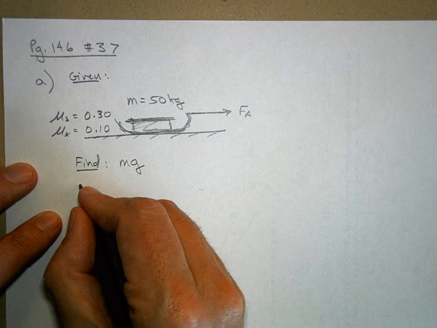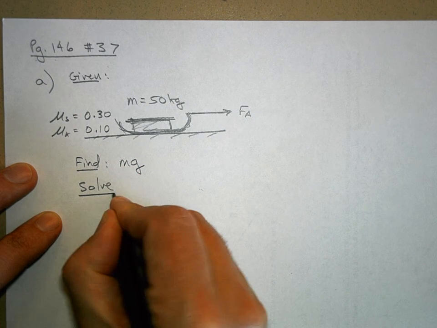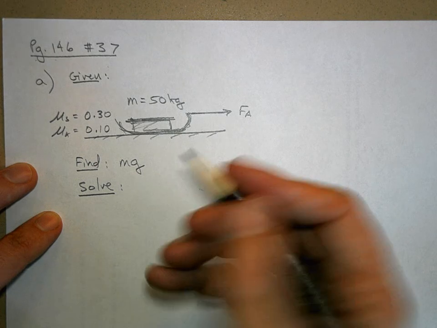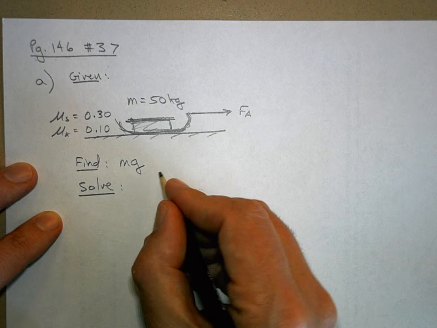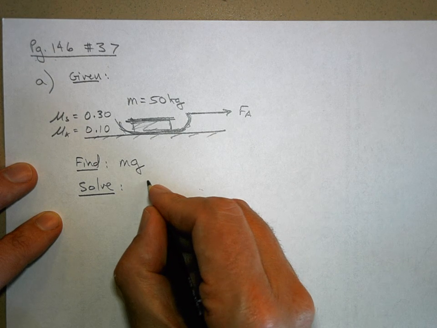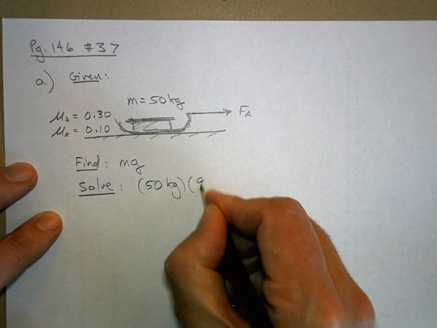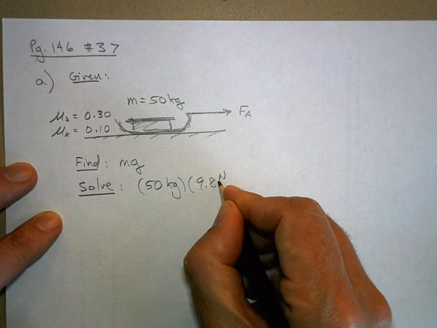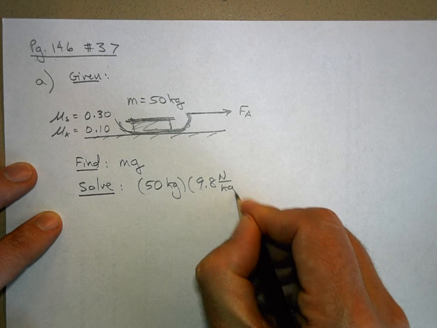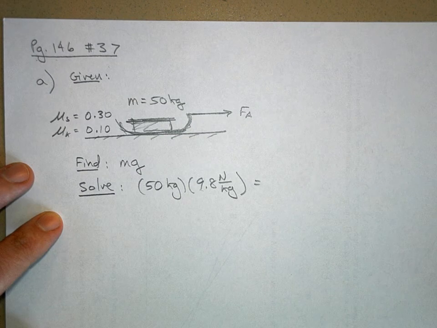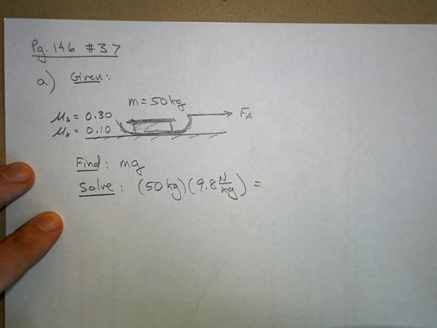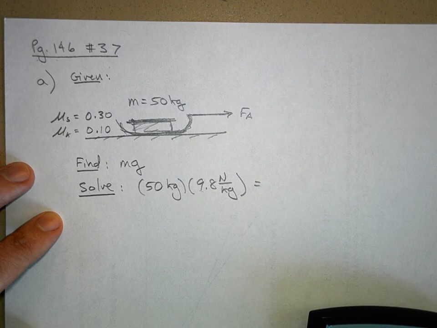So for solving, the weight is just equal to mg, so that's just going to be the mass times Earth's gravity field, 9.8 newtons per kilogram. And so this is pretty easy. I think it's 490.